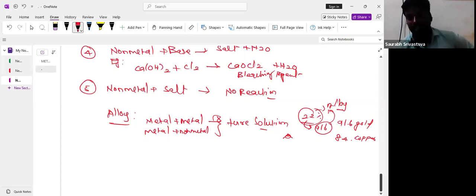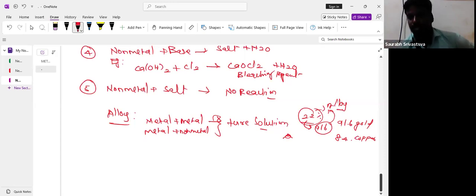If you take 100 gram of 22 karat gold, 91.6 gram will be gold. The remaining 8.4 will be copper, or otherwise silver, zinc or tin. Some other elements they will mix. Nickel also they will mix. So nowadays they are mixing many elements.